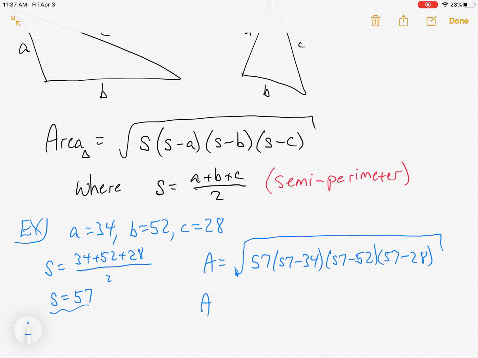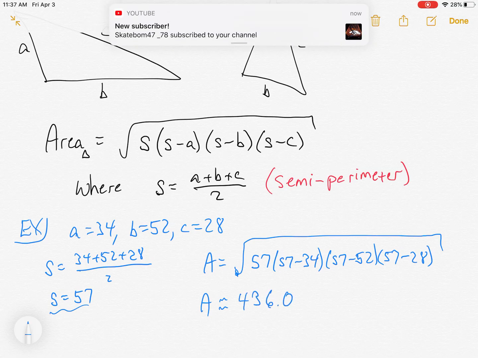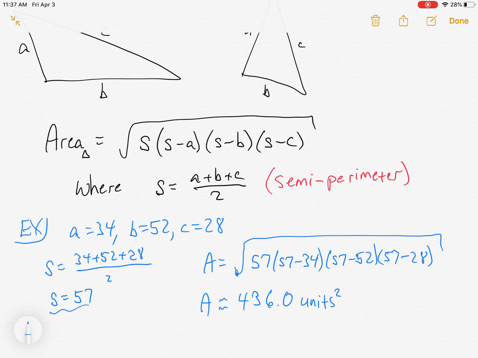I don't think we need to see a lot of work on this beyond the setup and the area. It's going to be a kind of messy decimal because we're square rooting it. I got 436.0, and that is in units squared. There's our answer. Pretty nice and simple, if you know the formula.